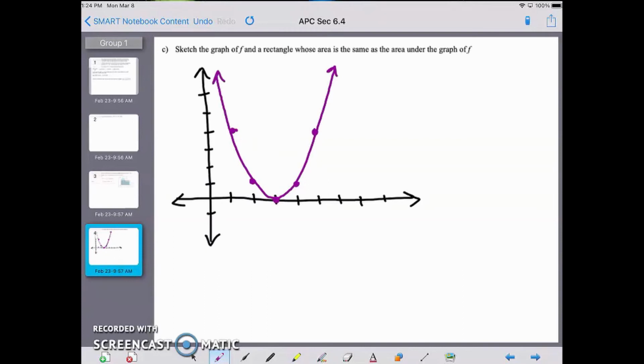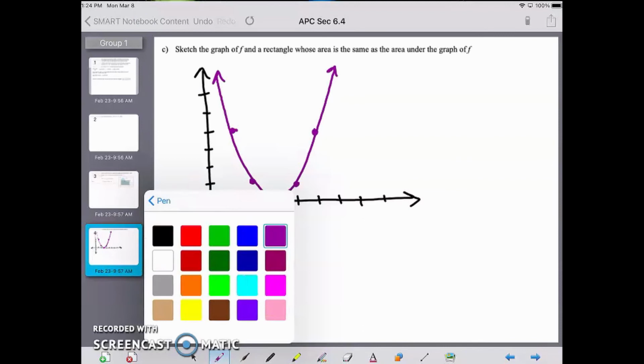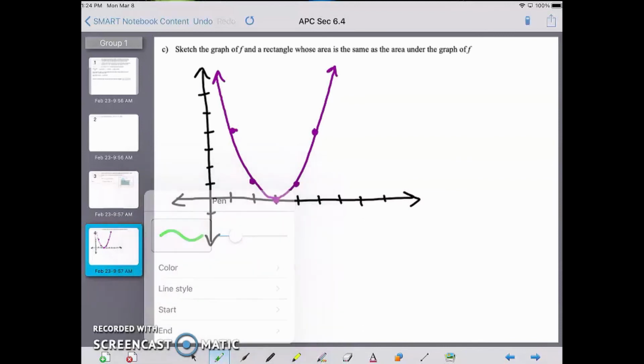All right, now in part A, we found that the average value of our function was y equals 1. So the next thing that I'm going to do is add that horizontal line y equals 1 onto my graph, which is this line right here.